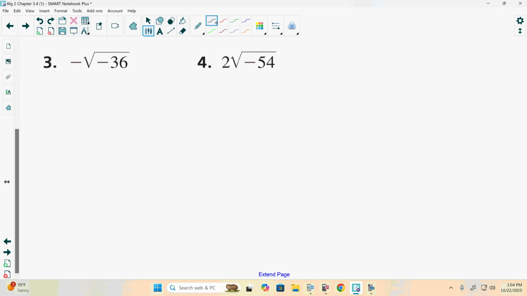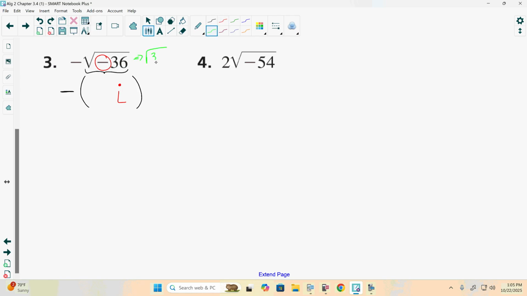Now, the last two we have here is negative square root of negative 36. Well, the negative is still part of this. It's outside. So the first main part we're going to look at is the square root of negative 36. We know that the negative inside the radical, this negative 1, is going to become i. Now what that leaves us with is what?